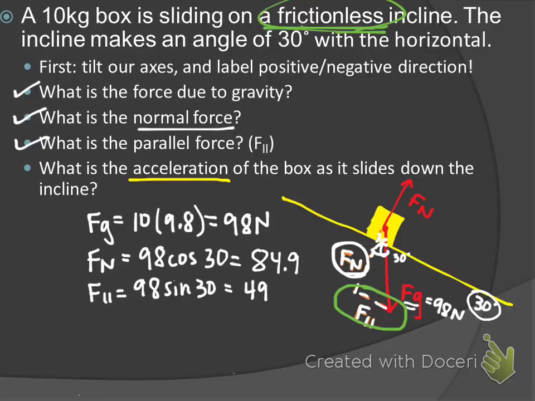So the only thing that's pulling it down is gravity itself. When we set up our net force equation, we would say F parallel, and then you can do minus 0 if you want, or you can just leave that off, because there's nothing opposing that motion.